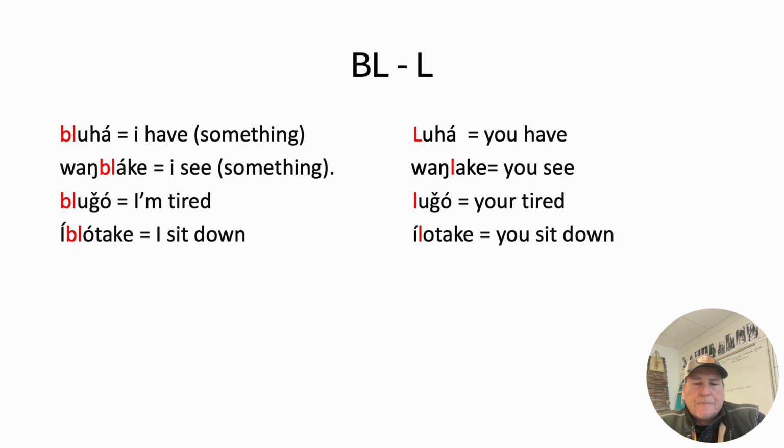Wablake, I see something. Walaka, you see something. Bluhe, I'm tired. Drop the b. Luhe, you're tired. Iblotake, I sit down. Ilotake, you sit down. All right. So just notice the conjugation is always in the same place. We're just switching them out.